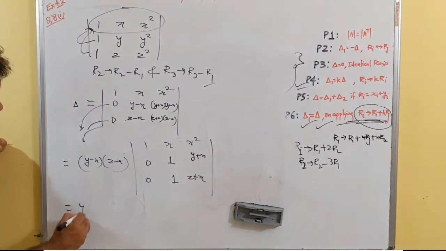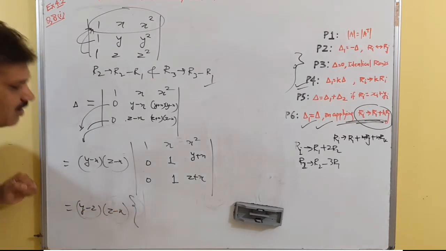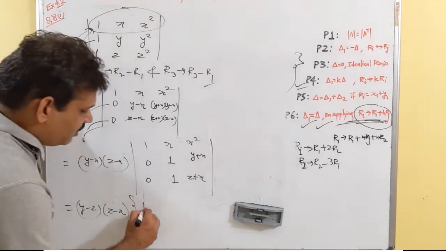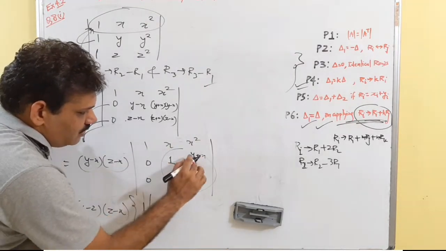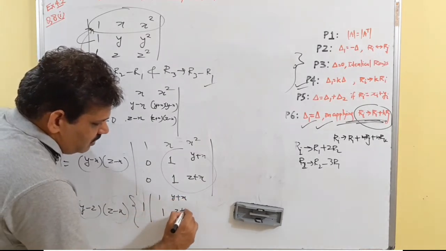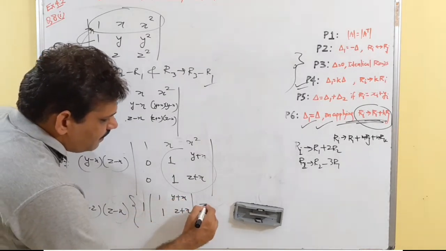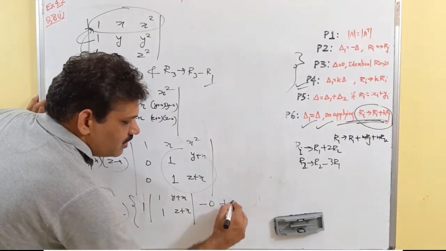Now expanding along the first column, we get 1 multiplied by this determinant 1, y plus x, 1, z plus x, minus 0 into whatever, that gives us 0, plus 0.